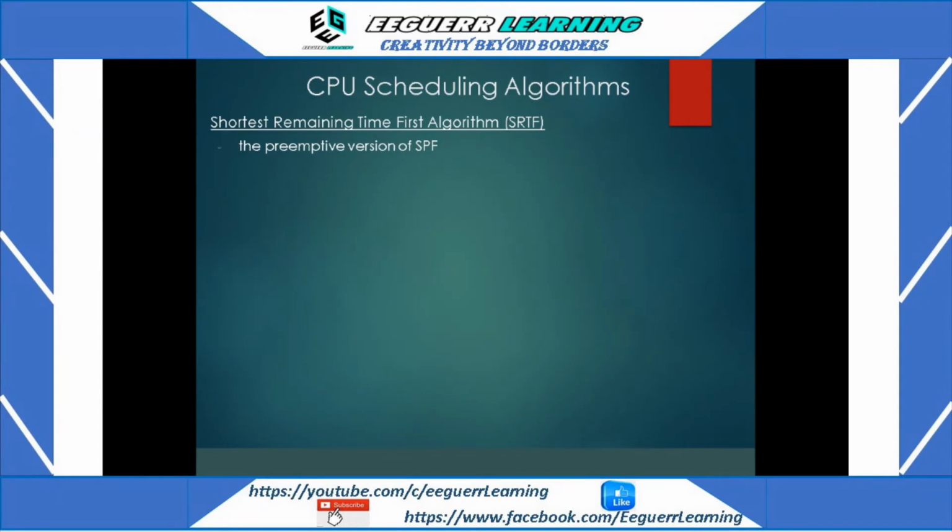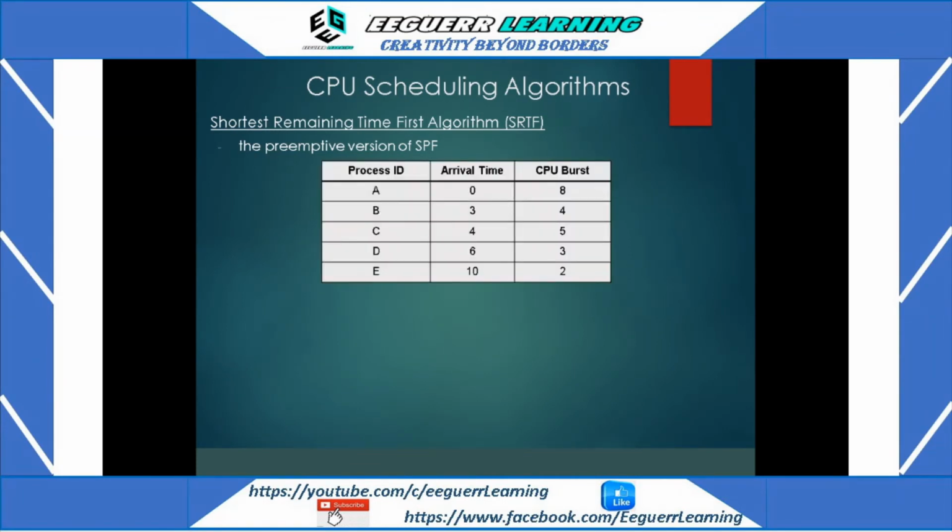Preemptive version means it can detect or check the incoming processes, unlike the SPF, which cannot. Let us check the process and the table here. We're going to use the same table that we used for the shortest process first, the SPF.